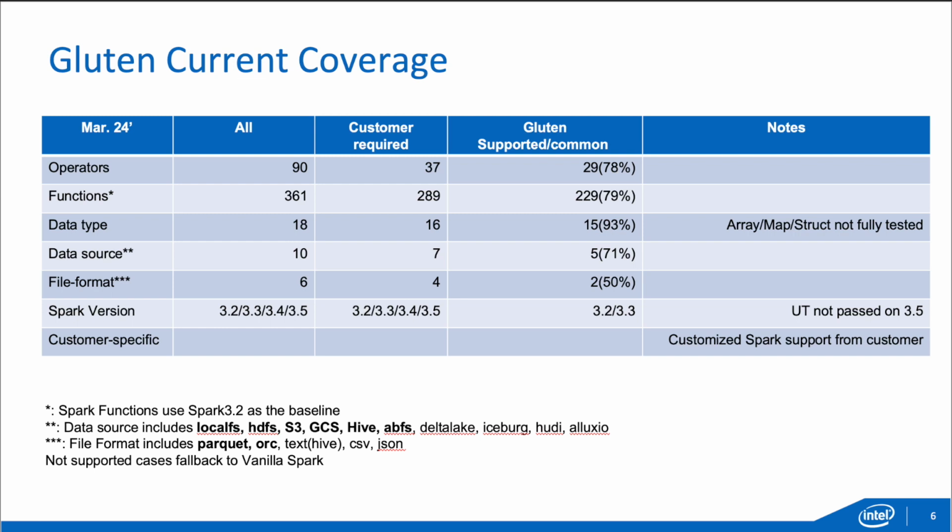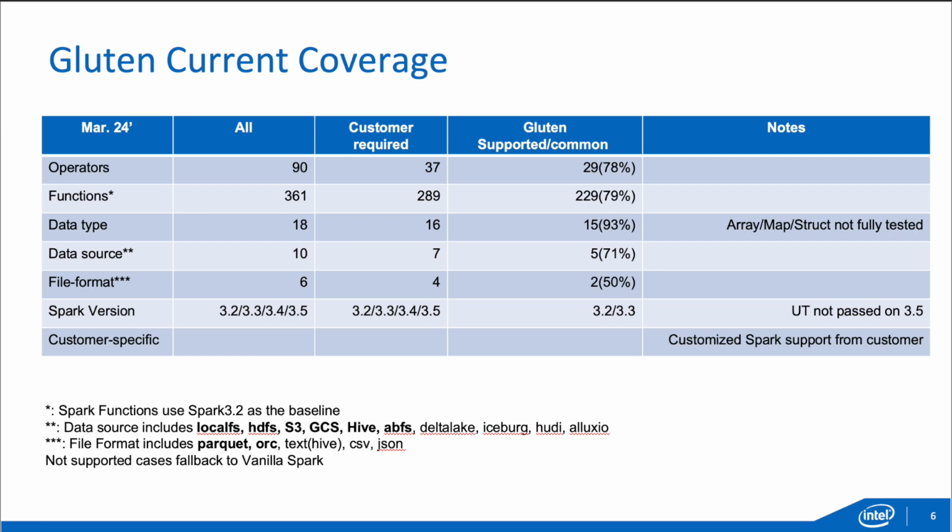And for Spark functions, Spark 3.2 has 361 functions. What we implemented is 229, and the total number is 298, or 89 more. Many customers and many companies are implementing these functions in the community now. It's not only from Intel.